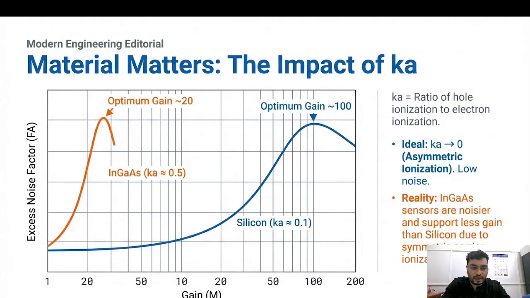Moving towards the next thing, which is the impact of Ka. As we discussed about the loss, the loss is correlated with the noise, or the waveform is deforming because of the noises. But we need to think about the Ka also. Ka is the ratio of the hole ionization to the electron ionization.